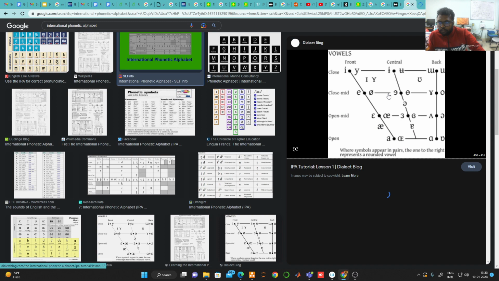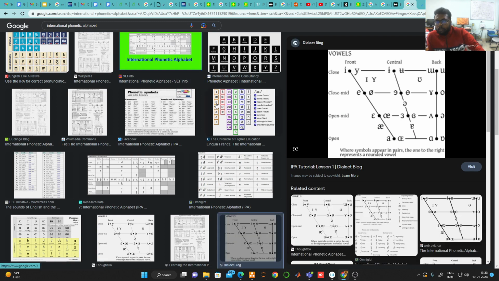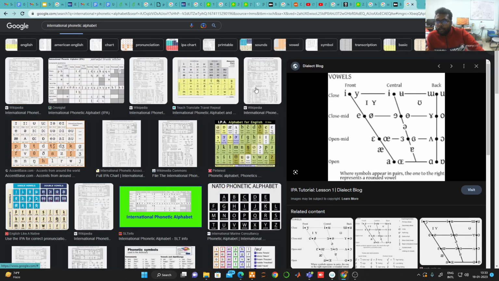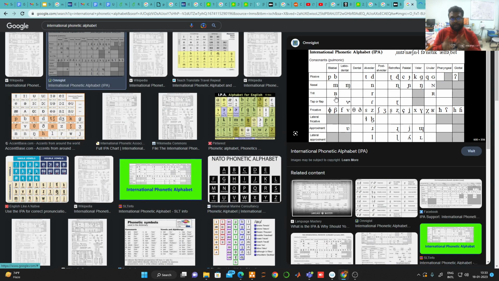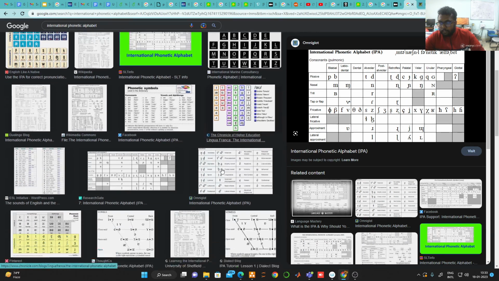Anyway, I was just trying to make you understand that based on the type of articulation and the place or manner of articulation, the whole categorization of the different phonemes has been done. These are the different IPAs, or International Phonetic Alphabets, and this can be represented.